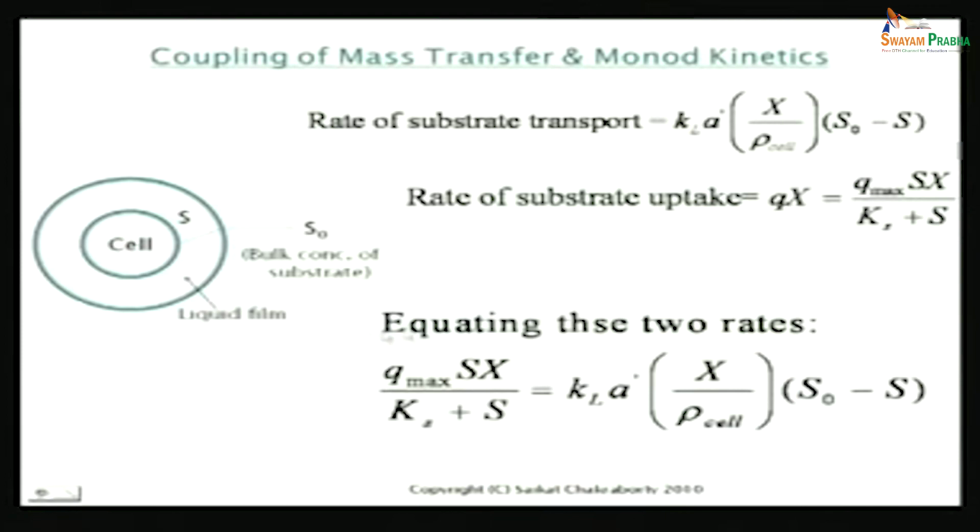So this is my basic equation: Q max S X divided by Ks plus S equals KLA prime X over V cell times S0 minus S. What it entails is that the rate of substrate transport at steady state equals the rate of reactive uptake by the cell.